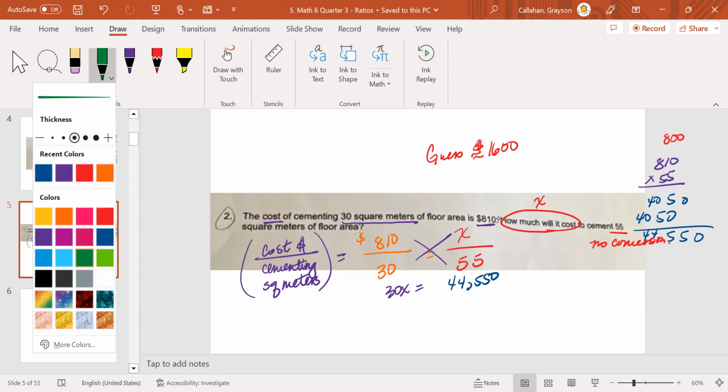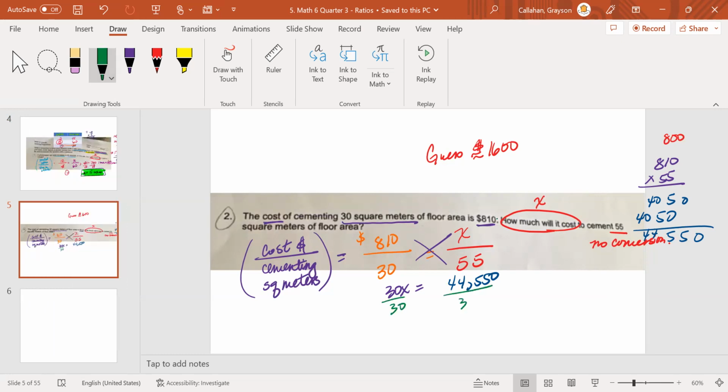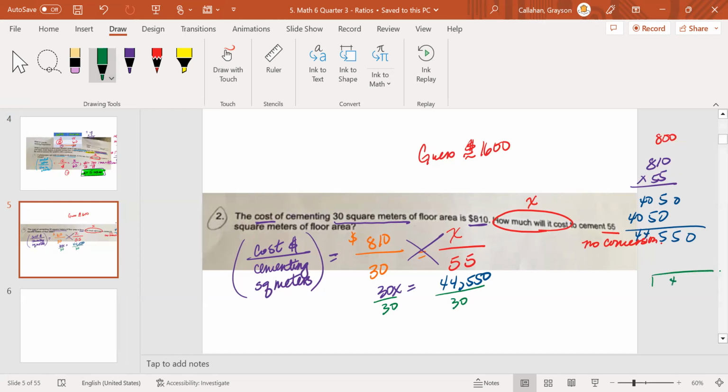What did you get? Okay, so 44,550, right? Now divide it by 30. So divide that.